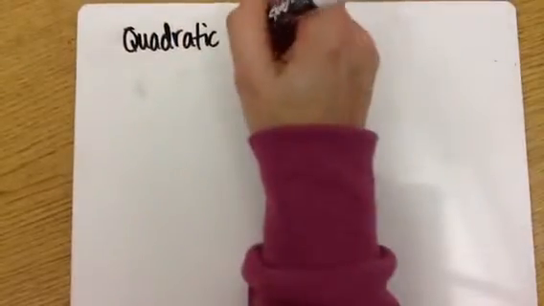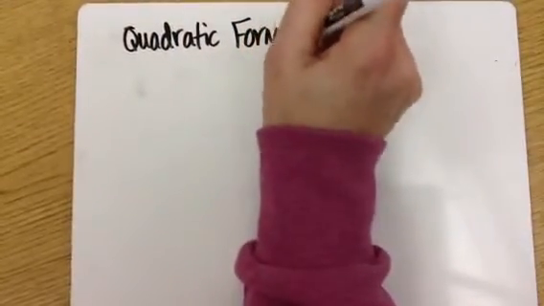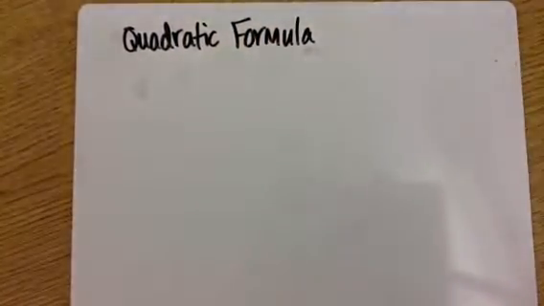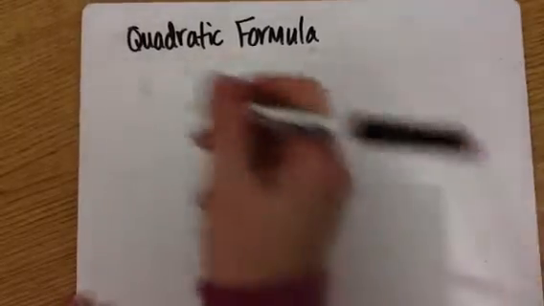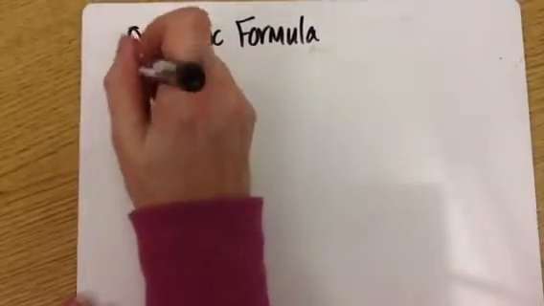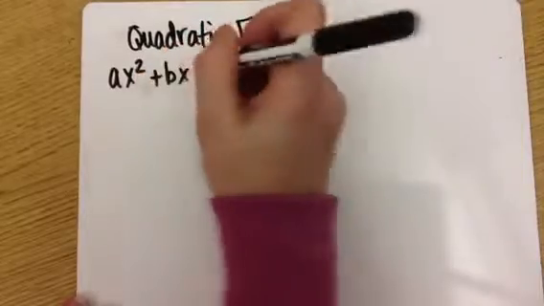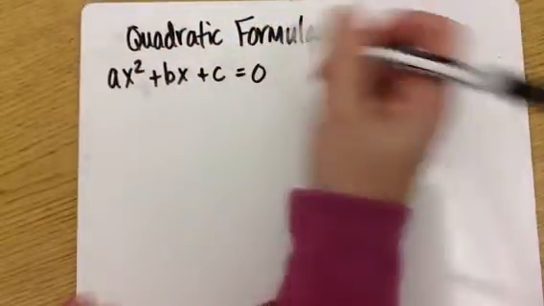And finally, the last method that we're going to talk about for solving quadratic equations is the quadratic formula. In order to use the quadratic formula, your equation has to be in the format ax squared plus bx plus c equals 0.